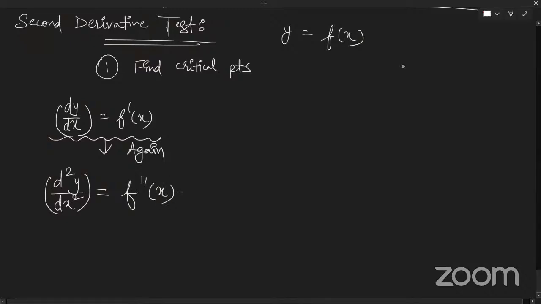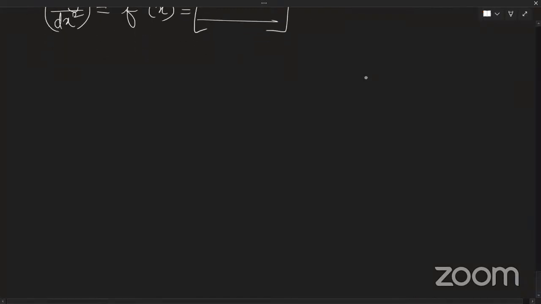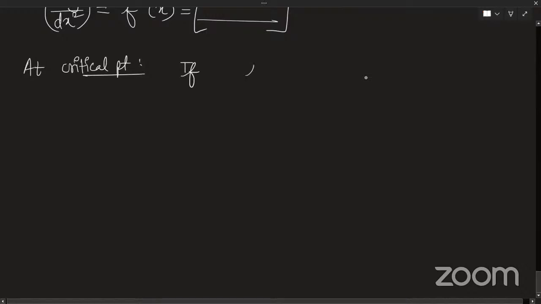So you will have some function over here. What it is telling me is that at a critical point, if f double dash x is positive, then it is a minima.